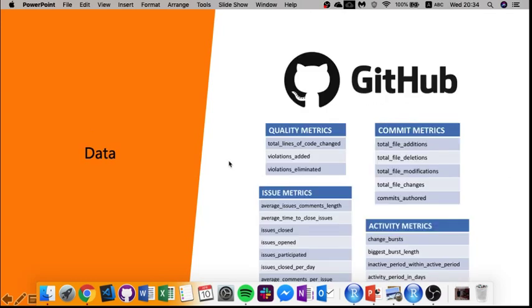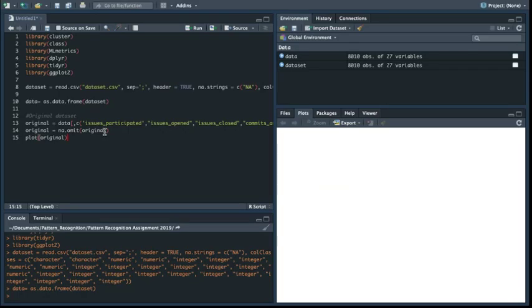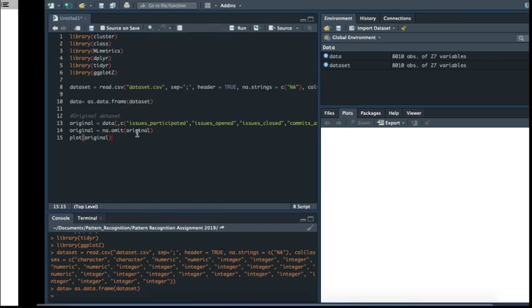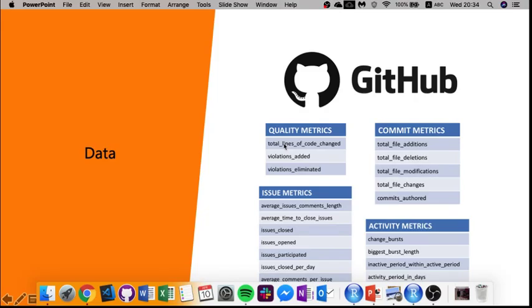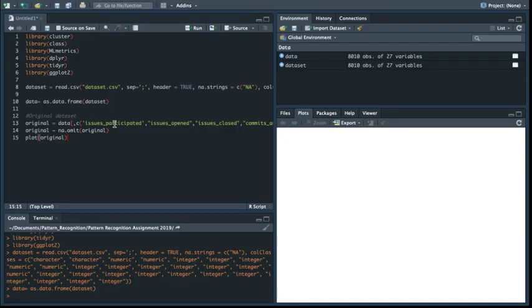So for the role classification, from all these data columns, for all these metrics, we are going to use issues participated, issues opened, issues closed, and commits authored.